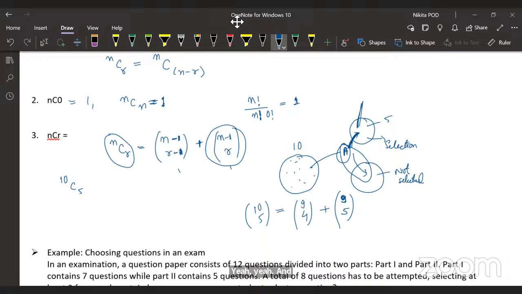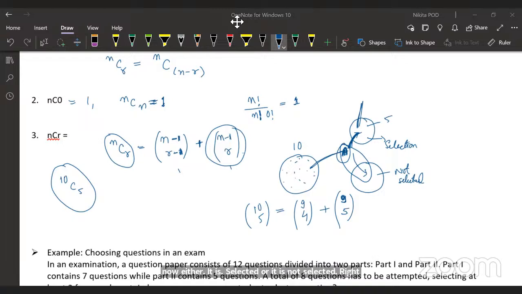And how this has come is, let's say out of these 10 objects, we are interested in selecting 5 objects. If I take one object from here, let's say the object to be A, now either it is selected or it is not selected.